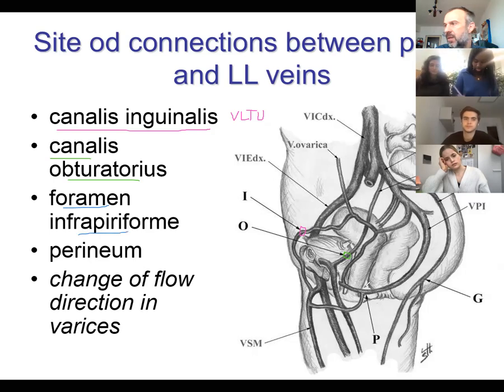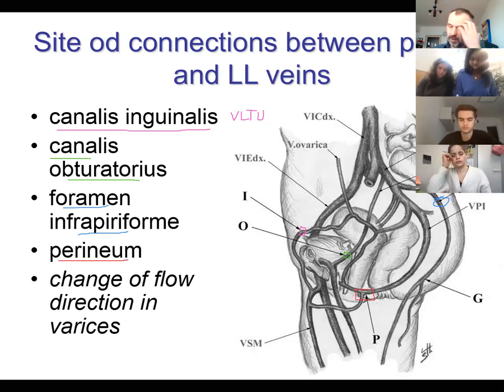The infrapiriform foramen contains the inferior gluteal vein, which can be connected to the sciatic vein, as we have talked about. And then the perineum itself, the perineal area, so between vagina and anus, here are small veins, and this area is drained dorsally by the internal pudendal vein and ventrally by the external pudendal vein.